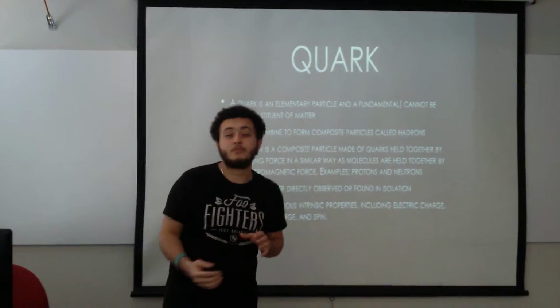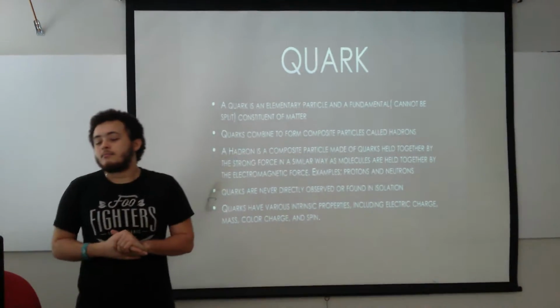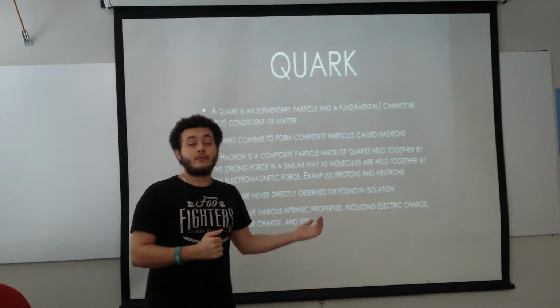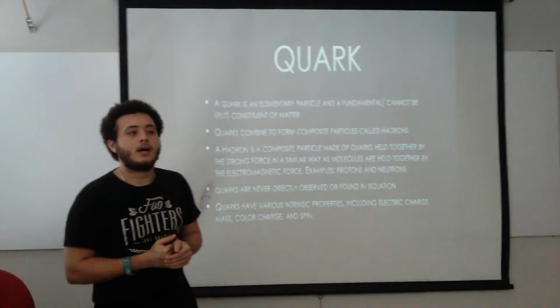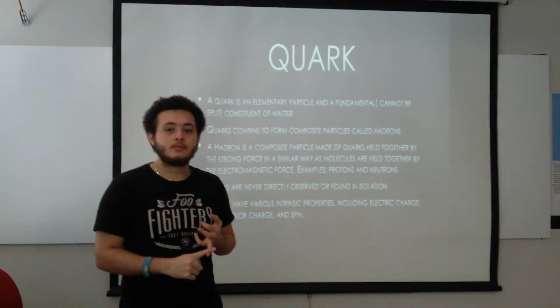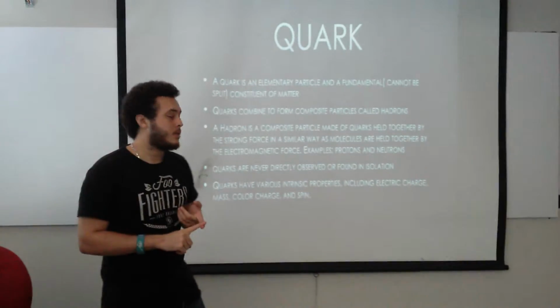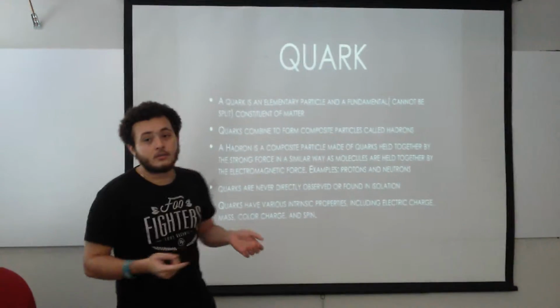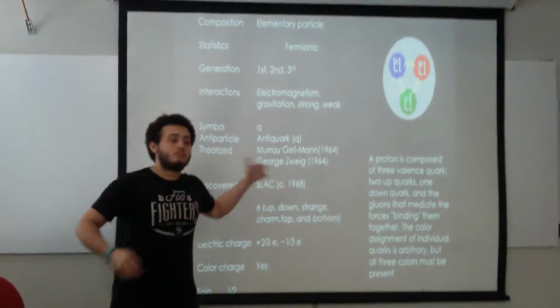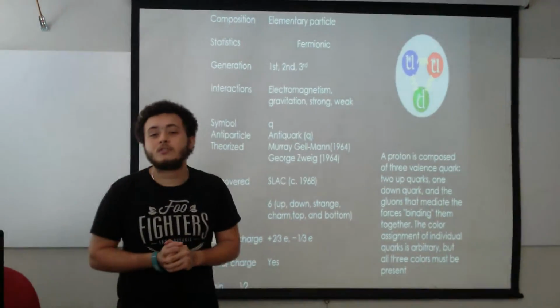Then I'm going to teach you what types of quarks there are and what their characteristics are. Quarks have several intrinsic properties, which are charge, spin, color, mass, and other characteristics. Then we go to more specific information about a quark.